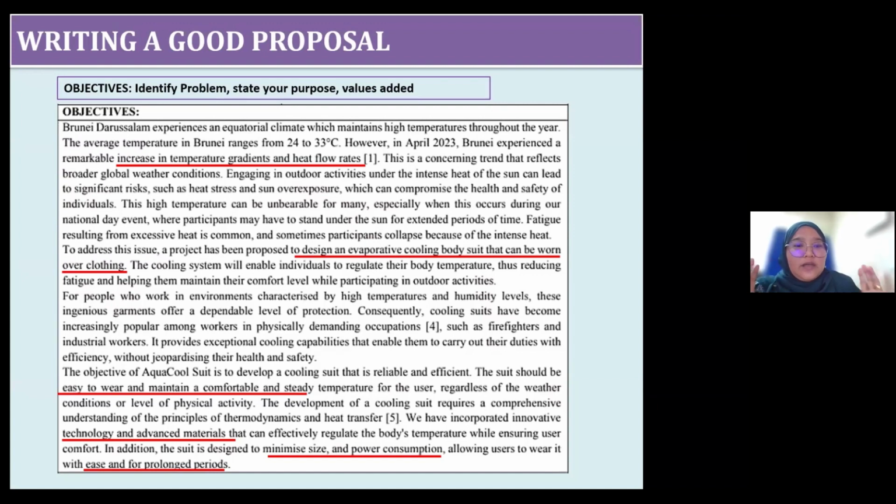Looking at this objective, it is very compact: they already identified the problem, stated their purpose of producing their invention, and spelled out the values or uniqueness of the product they are going to produce.